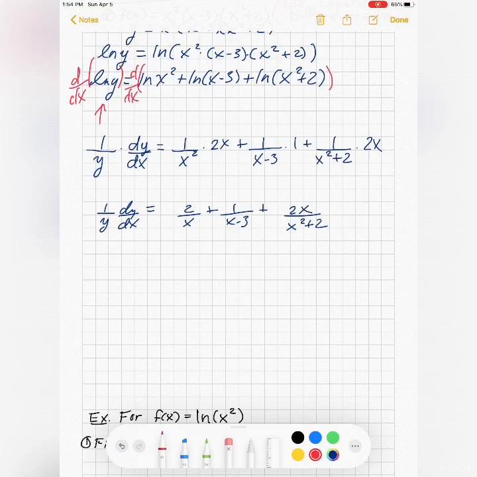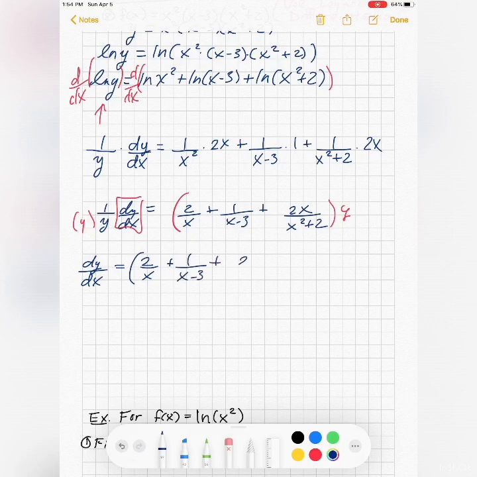Now remember, I'm trying to find dy dx. So I have to multiply both sides by y. So dy dx equals 2 over x plus 1 over x minus 3 plus 2x over x squared plus 2, times y.